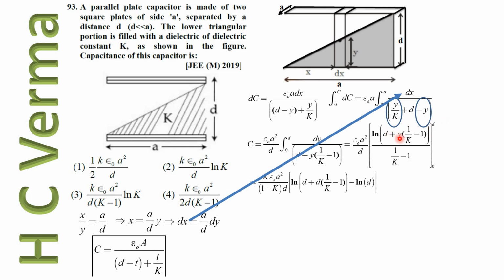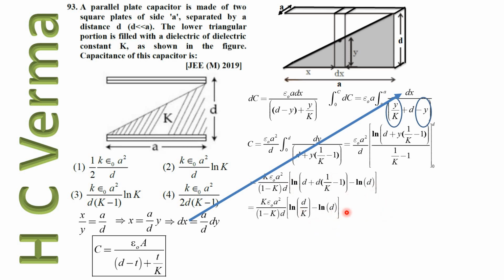Upper limit, place d here. Lower limit, place 0 here. 0 means this thing is gone. And 1 by k minus 1 can be written as 1 minus k by k, taken to the numerator. D and minus d cancel out. So natural log of 1 by k and natural log of d.